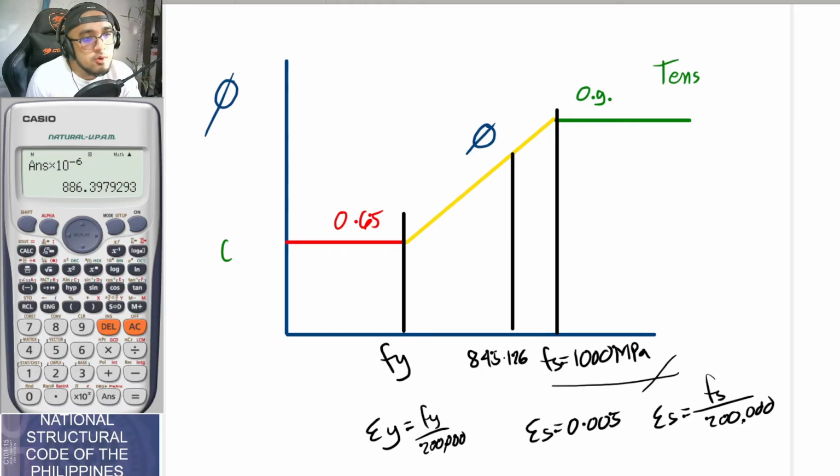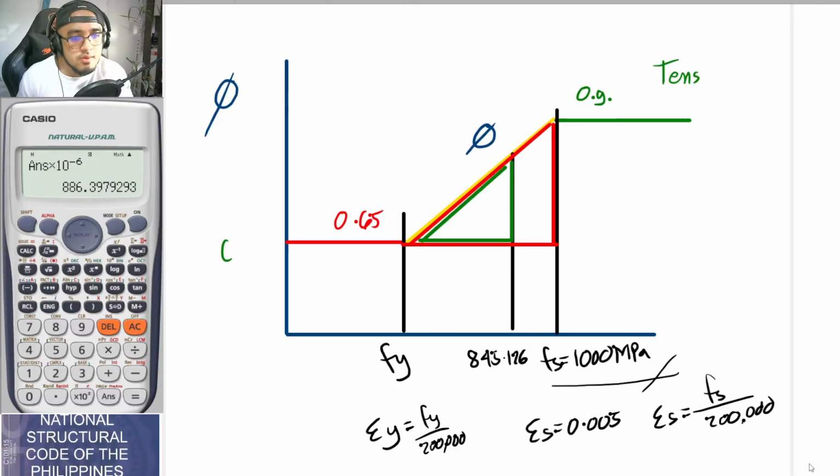Okay, so by similar triangles, I would be drawing a big triangle here. So let's say that this is to be the big triangle. And I would be drawing another smaller triangle here. So let's say that this is to be the smaller triangle.